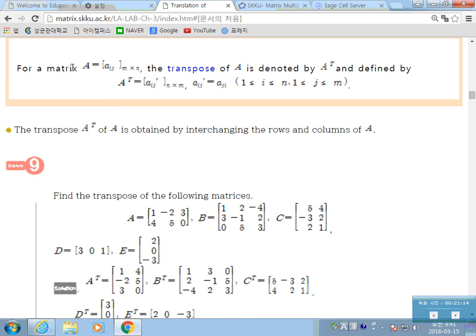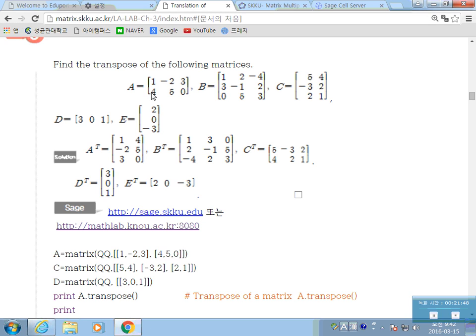Transpose matrix, A transpose. For a matrix A of size m by n, A transpose is a matrix of size n by m. The ij entry of A transpose is A_ji. Just switch the indices.